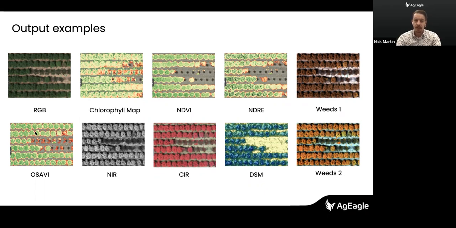Continuing on down, this is a soil analysis view, essentially near infrared. This is a composite infrared. This is a digital surface model here. And DSMs show a 3D model of the plant canopy and identify high and low spots in the field. There's a lot of layers that are possible to capture by using a 5-band sensor, like a MicaSense sensor.